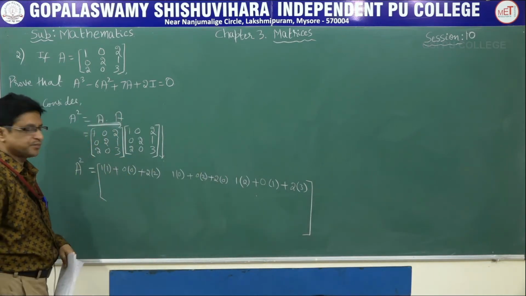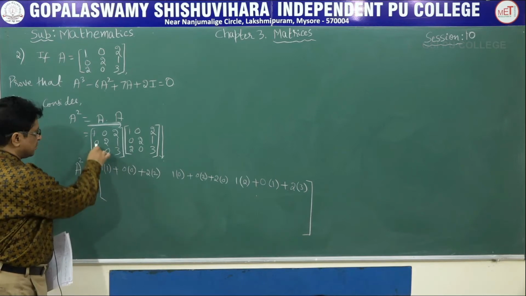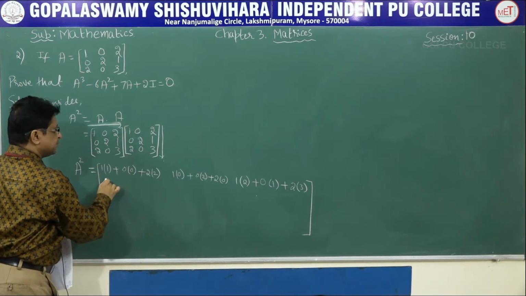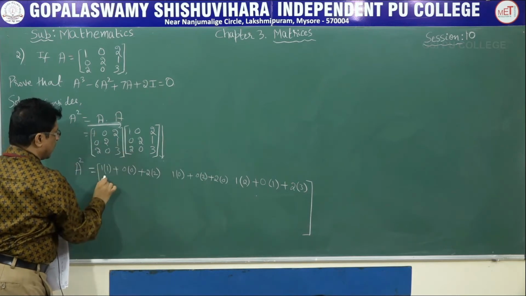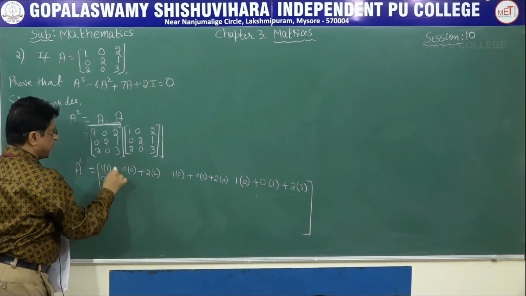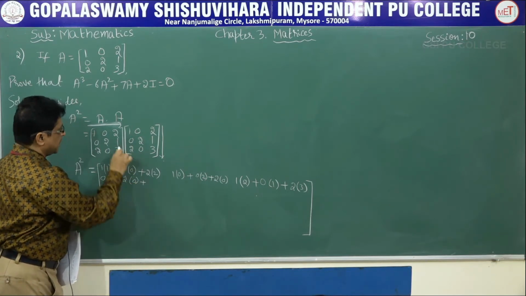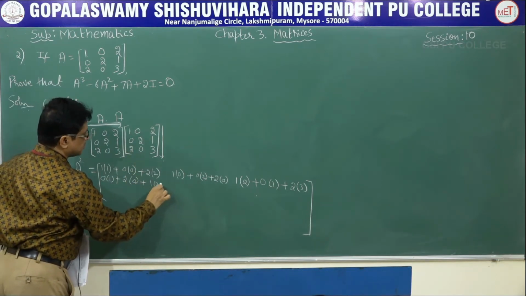So now next row, second row into first column, that is 0 into 1 plus 2 into 0 plus 1 into 2.